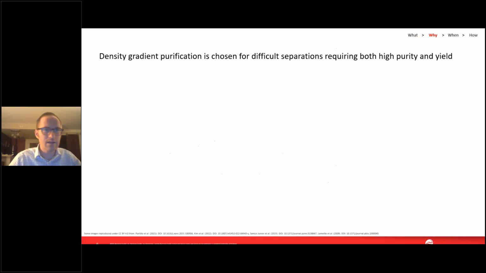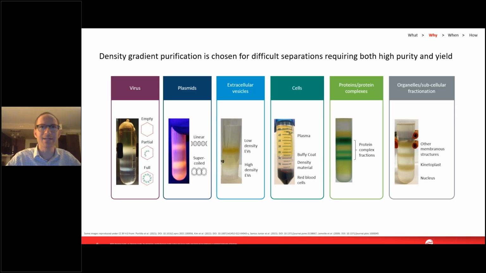Why is this so commonly used? Density gradient purification is chosen for difficult separations that require both high purity and yield. And right now I'm actually at a trade show for cell and gene therapy. Right there on the far left, viruses. This is where this is most commonly used.